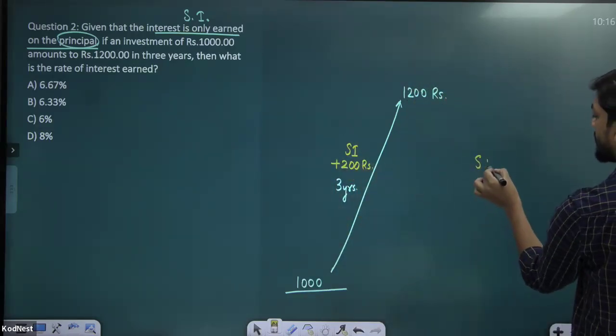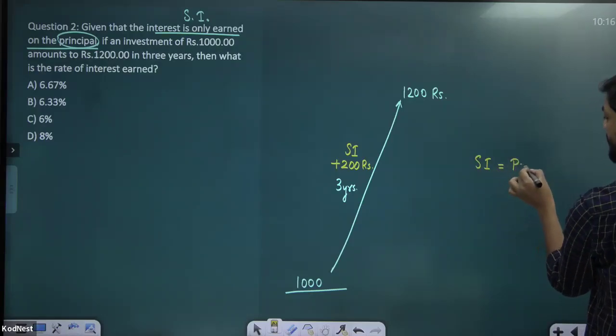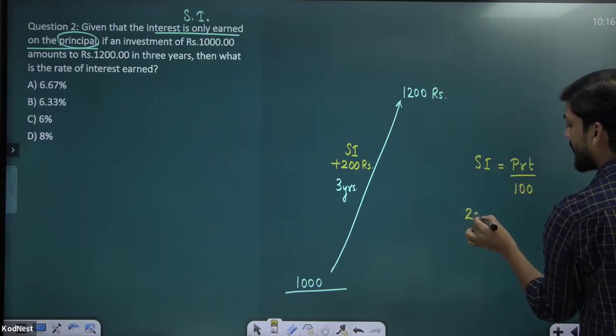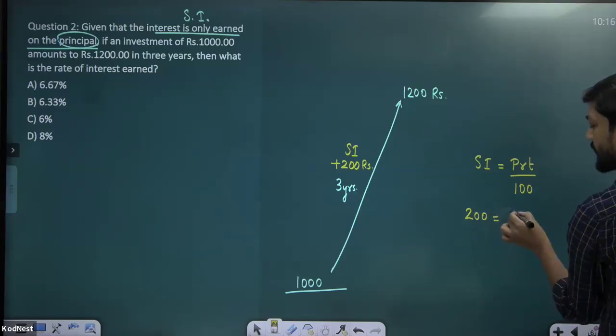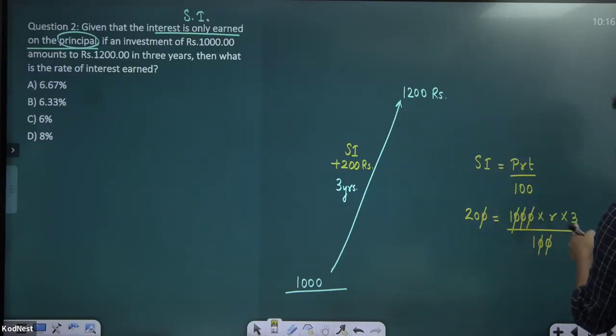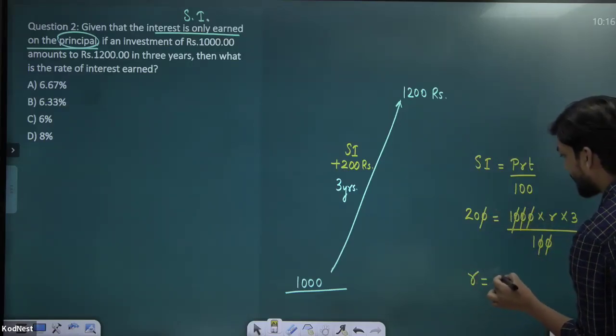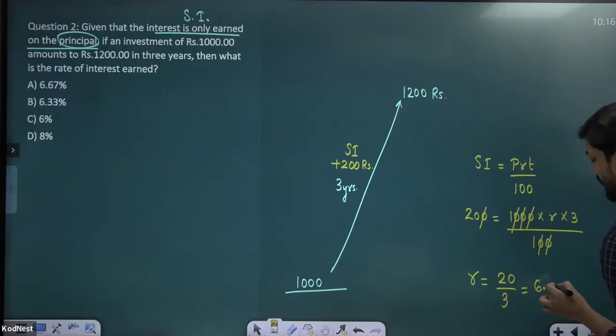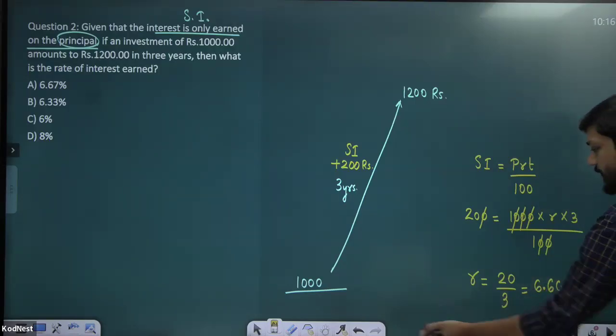So please again apply the formula. PRT by 100. Interest is 200, principal is 1000, rate is unknown, time is 3, divided by 100. Cancelling the zeros, we get 20 by 3, that means 6.66 or 6.67, anything you can say.